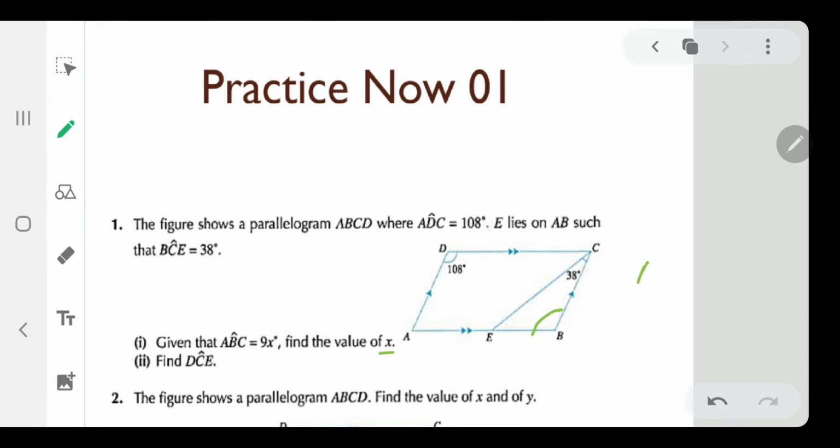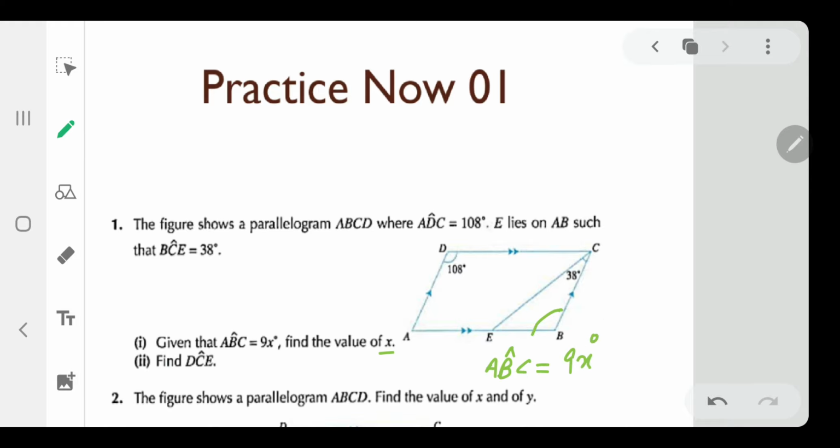That is ABC, which is equal to 9x, right? I should write it here. Here is ABC, which is equal to 9x.